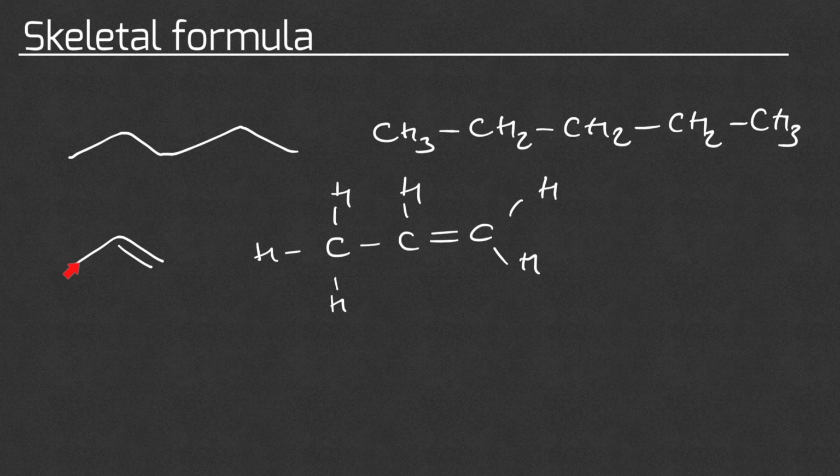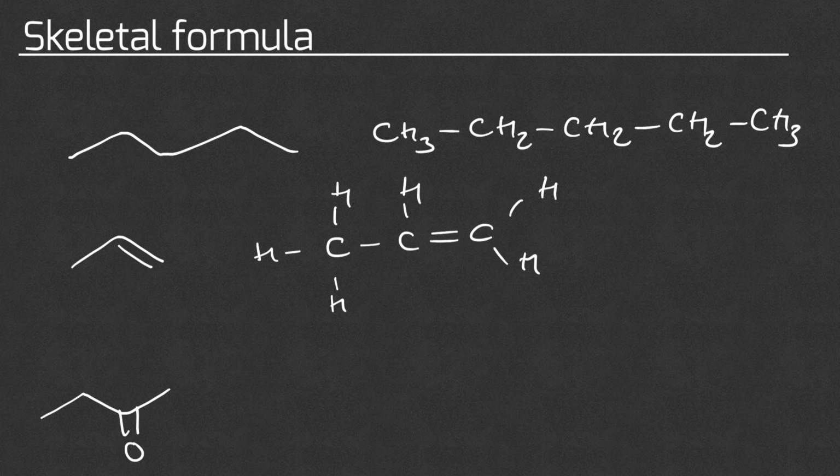So this is our CH3 because there's 1 bond coming off it, so it must have 3 hydrogens. This will be a CH because we can see 3 bonds coming off it, so there must be 1 bond to a hydrogen. And this will be a CH2 because there are 2 bonds coming off it, therefore there must be 2 bonds to hydrogen, to make each carbon have 4 bonds in total.